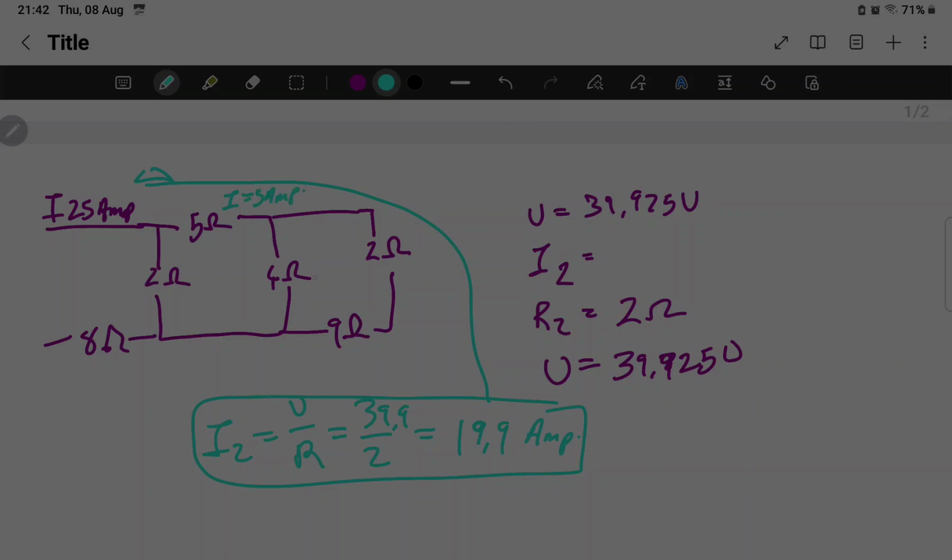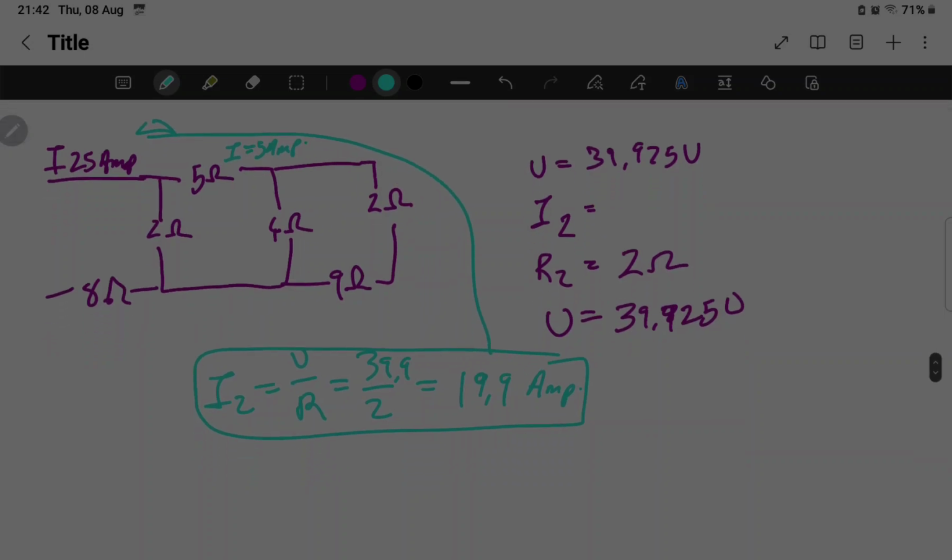All right, and then it divides again, right? And the current at 4, basically what we're going to do, current at 4 is equal to the total current multiplied by the sum of the adjacent resistors over the sum of the adjacent resistors plus the resistor at 4.